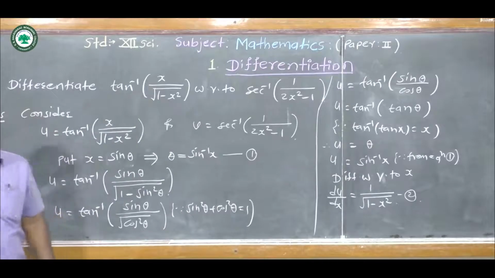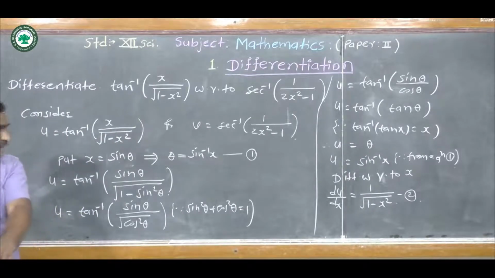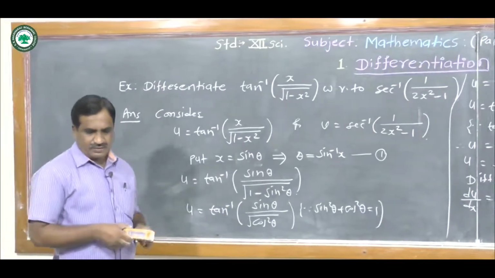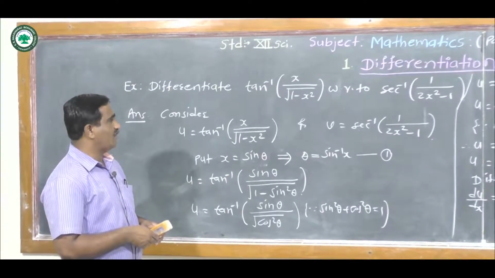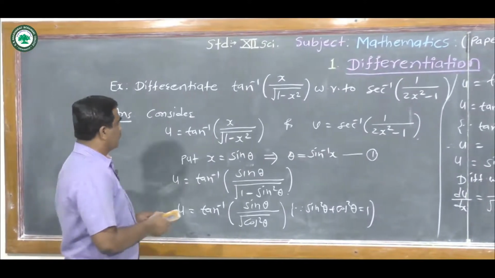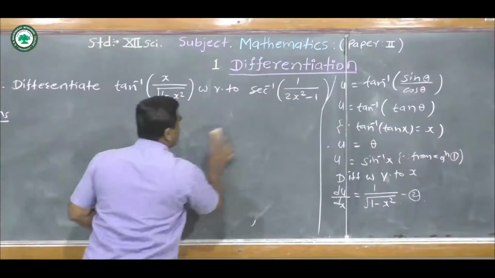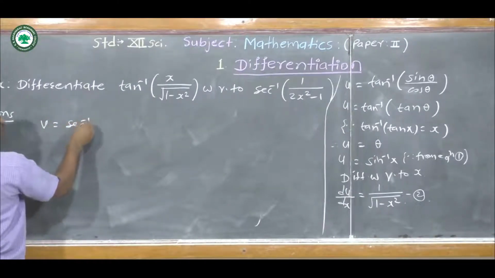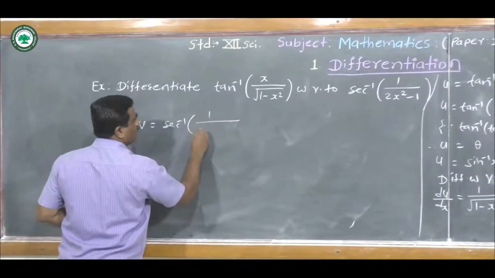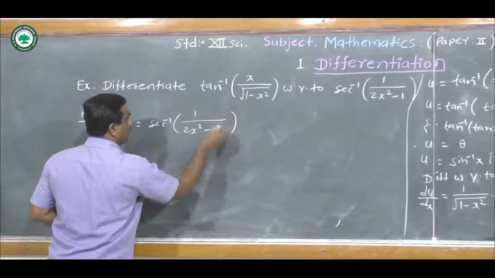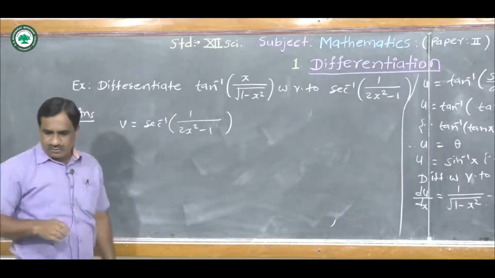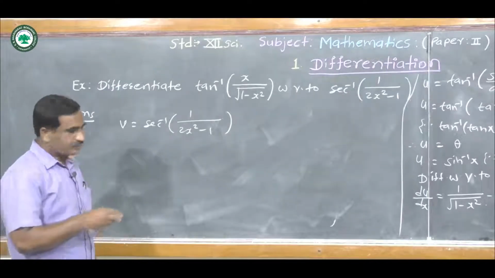Now consider the second equation. V is equal to sec inverse of 1 upon 2x square minus 1. Now here also put x is equal to cos theta.